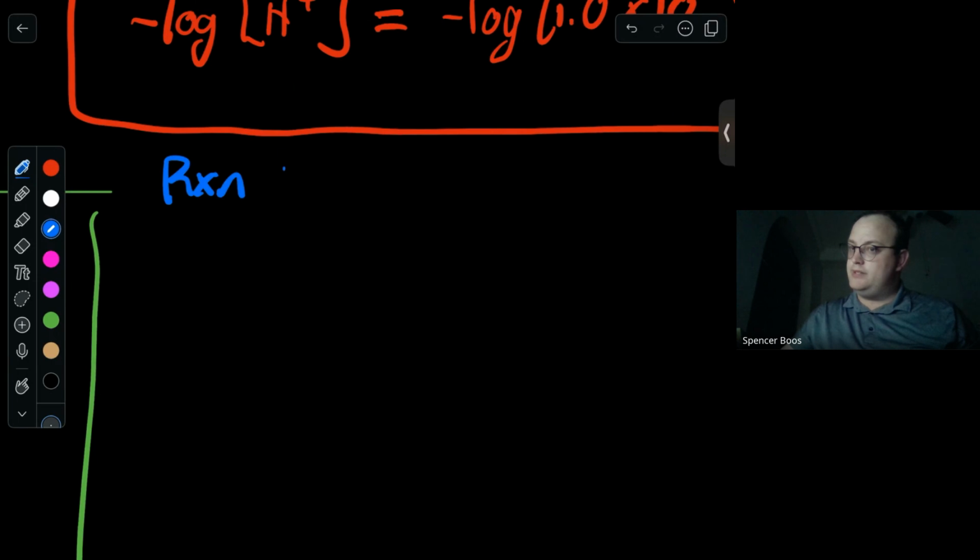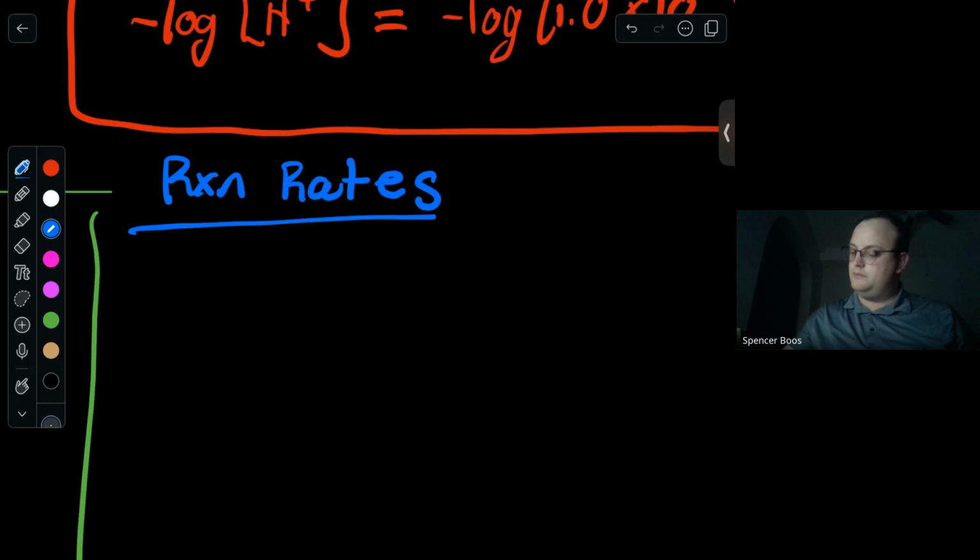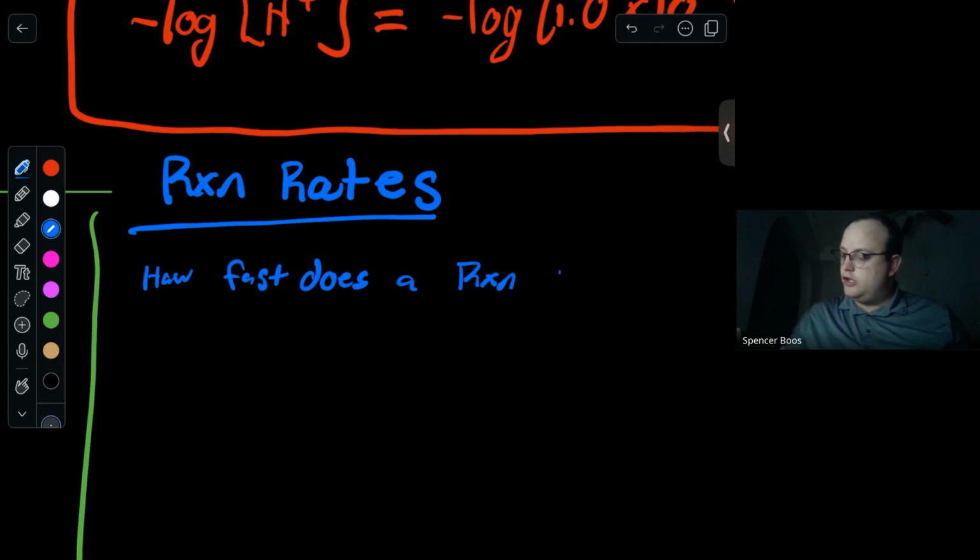A reaction rate, by definition, is how fast a reaction goes. That's what we're looking at.